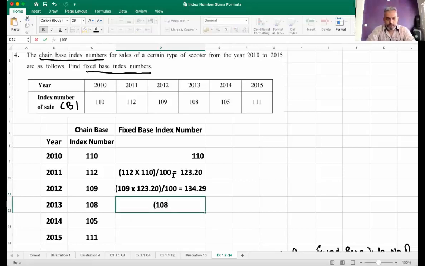Then 108 into 134.29 divided by 100 is 145.03.